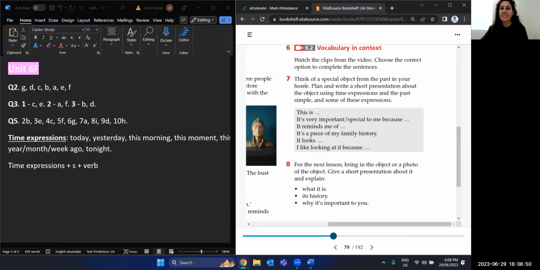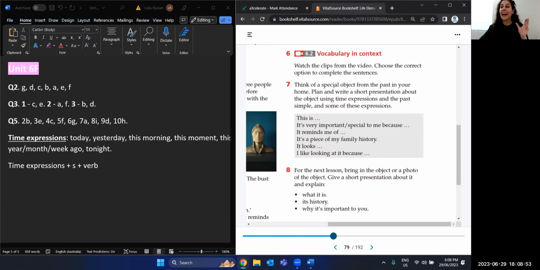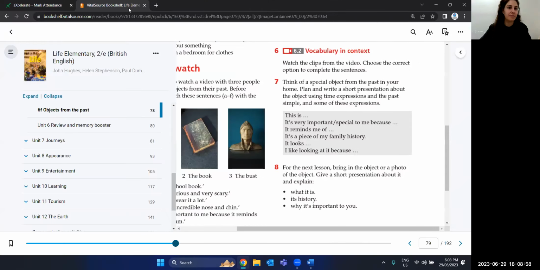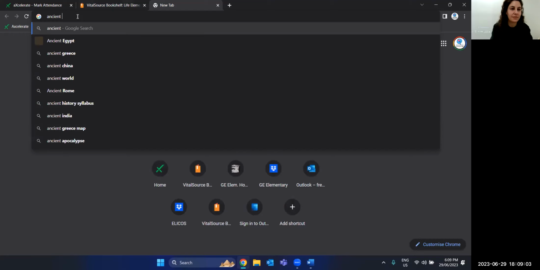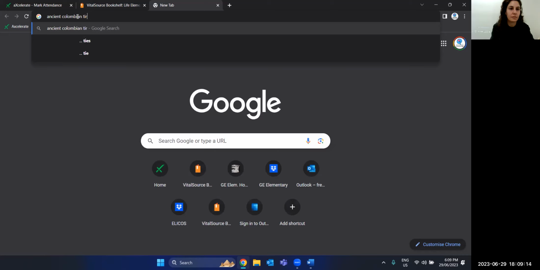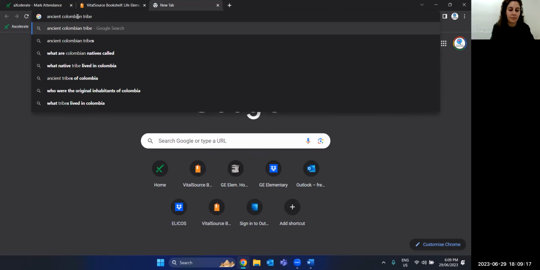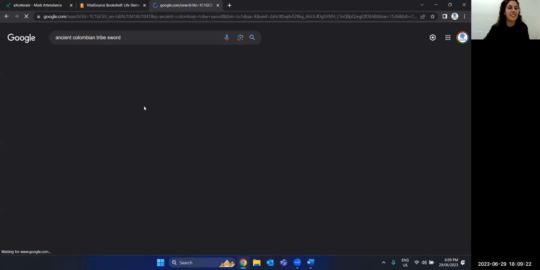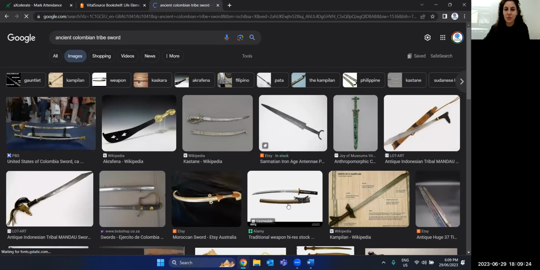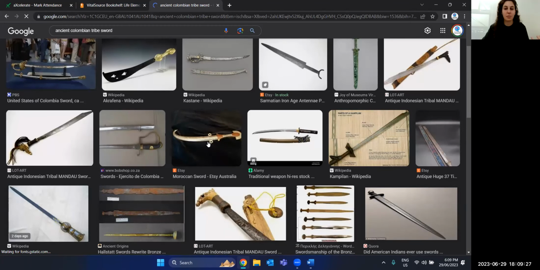What I want you to do is to think of a special ancient object from the past. It could be, for example, an ancient sword, a very old sword from a certain tribe, a certain people.